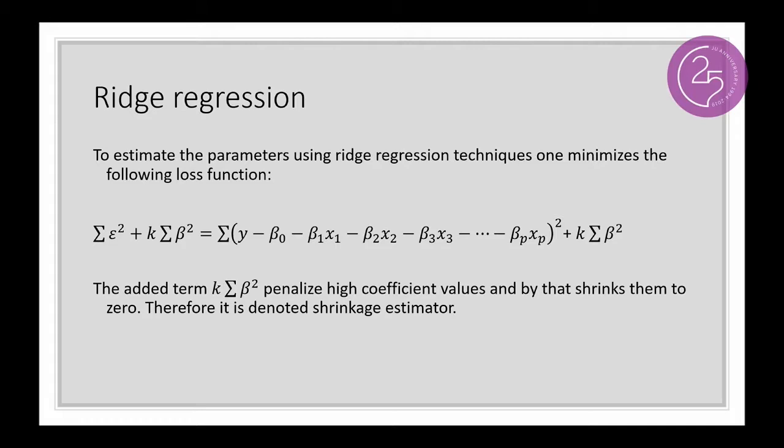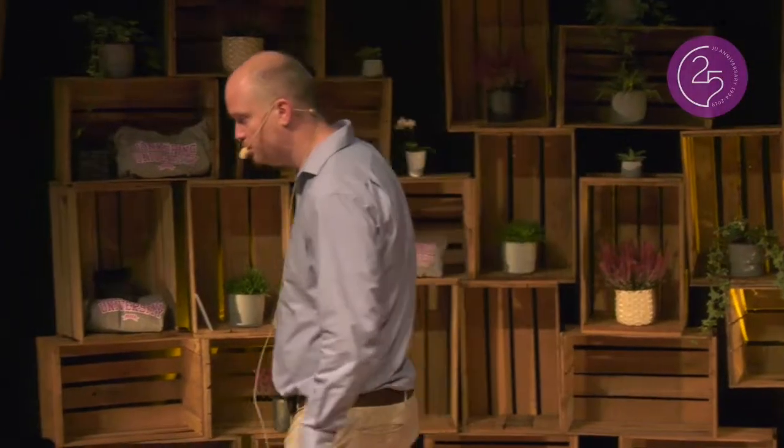So if we increase beta values here, then the loss function will increase. So if we put in very high values of beta, the loss function increases, and that will not be the minimum point.